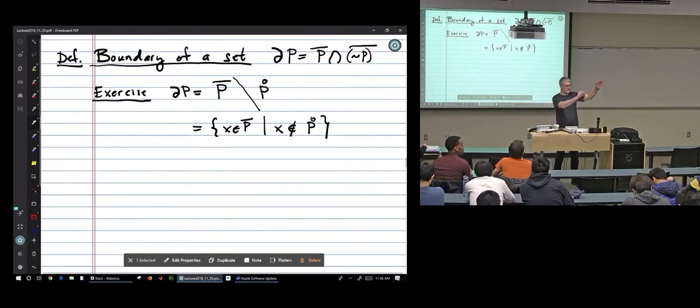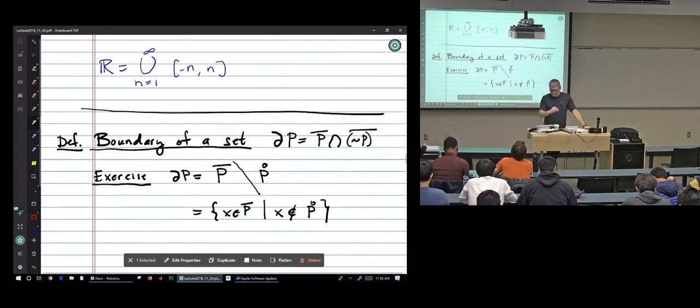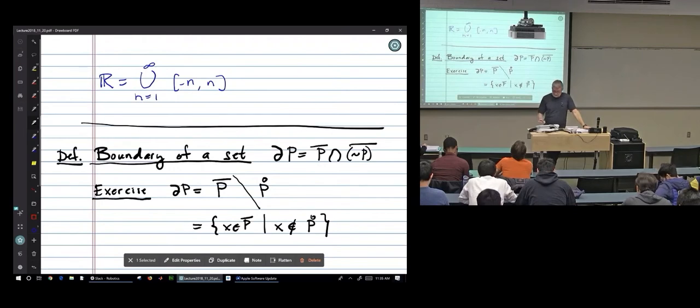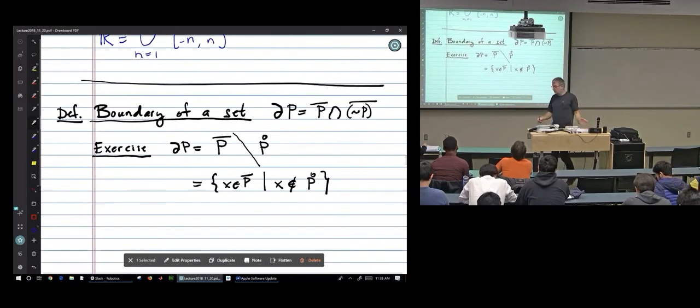Okay? Yep. So does every set have a boundary is the question. And the answer is yes, because every set has a closure. Every set has a complement, and we can calculate the closure of that and then do the intersection.